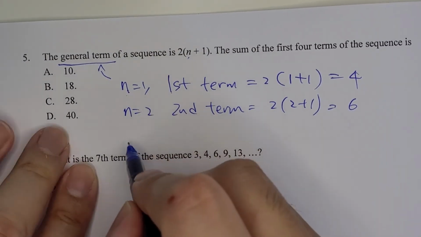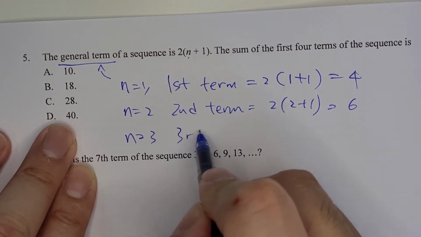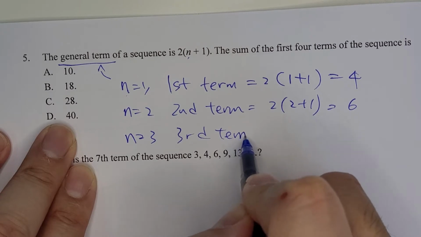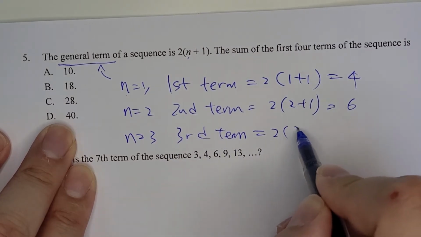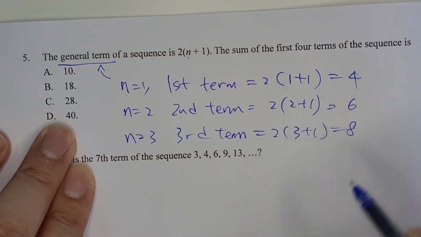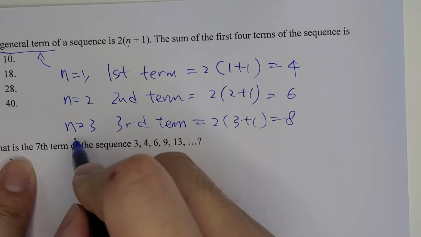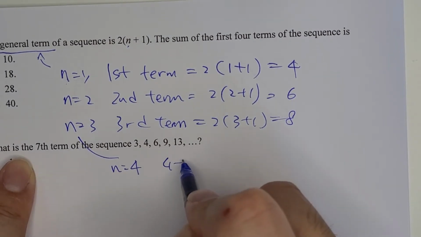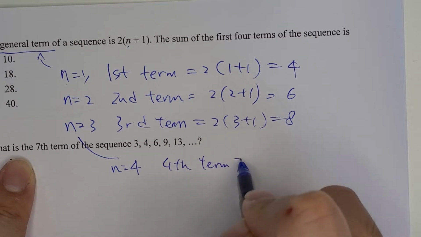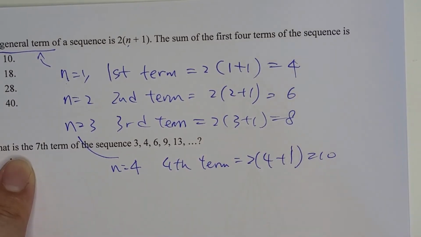You tell me the position of the term, then I can give you the corresponding value. Okay, so when n equals 3, the third term will be 2 times 3 plus 1, that's 8. Okay, one more. When n equals 4, the fourth term will be 2 bracket 4 plus 1, that is 10.